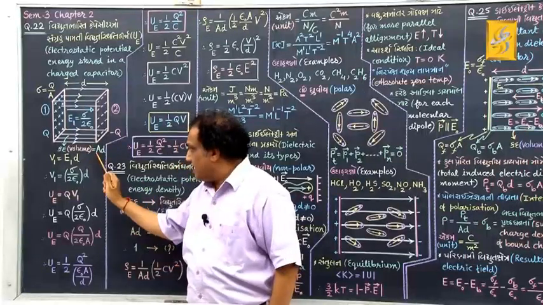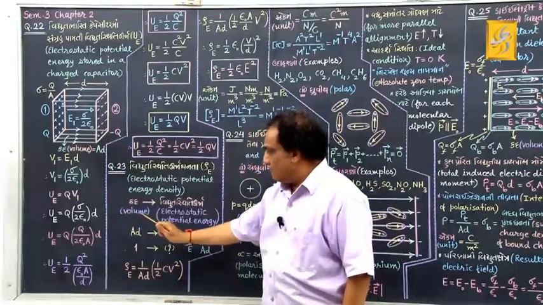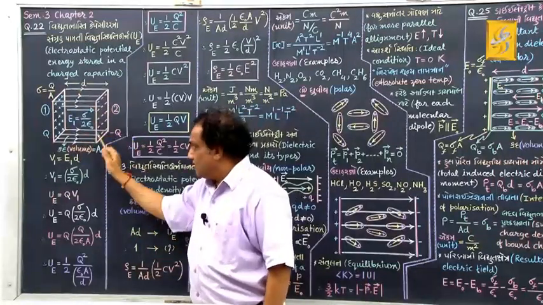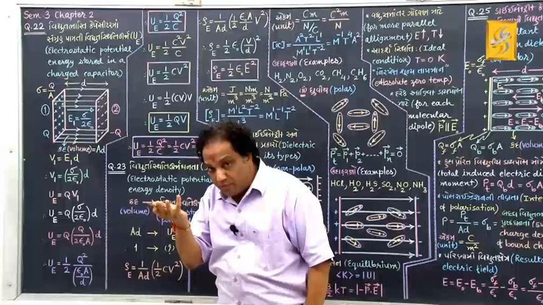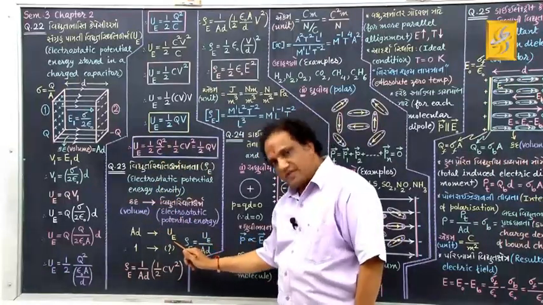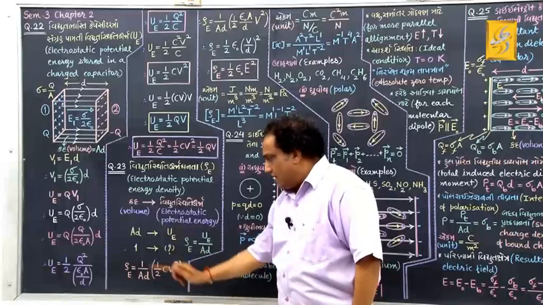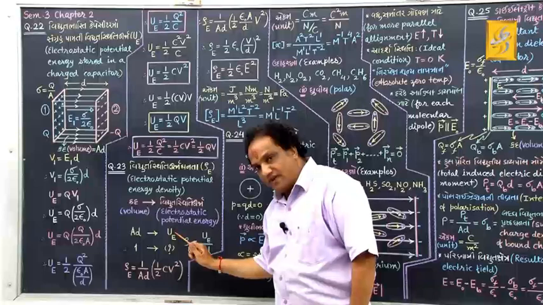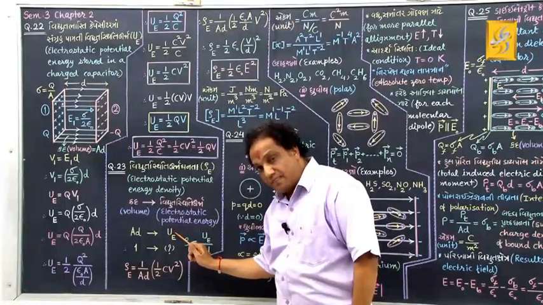That volume was A into D. I am writing here volume, which is A into D. And in that entire volume, what was the total electrostatic potential energy stored? It was UE. Correct?